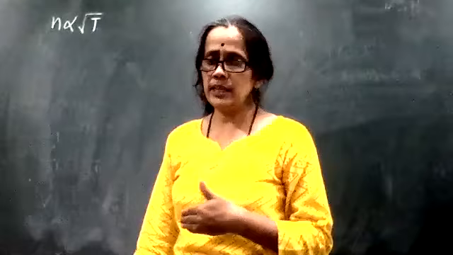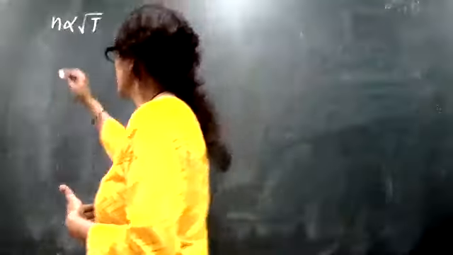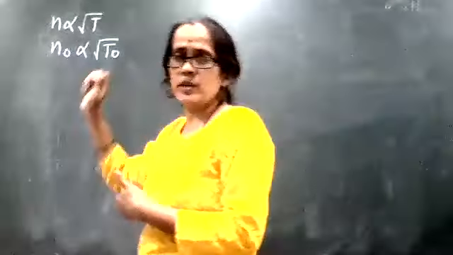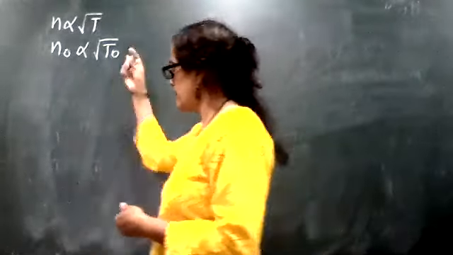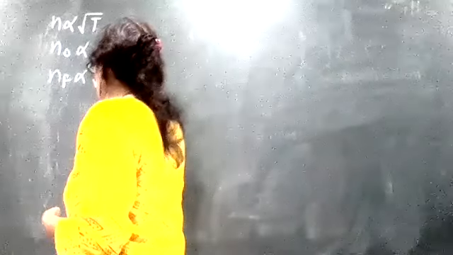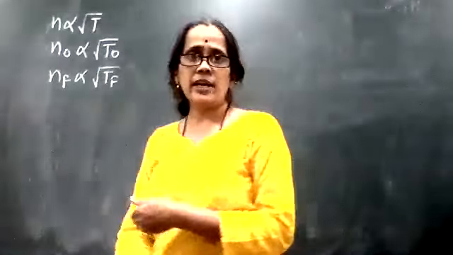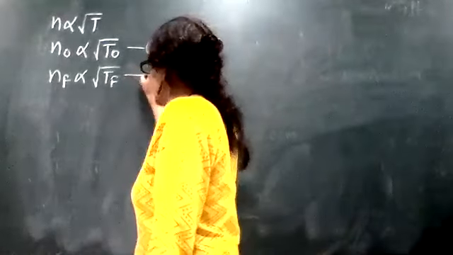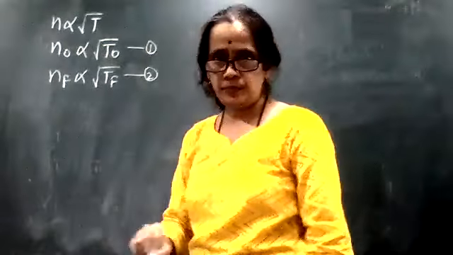Now, for the original frequency I will say N0 is directly proportional to under root of T0, where T0 is the original tension. Then final frequency NF is directly proportional to root of TF. Like that I can write down. This I am calling equation 1, this I am calling equation 2. Fine?